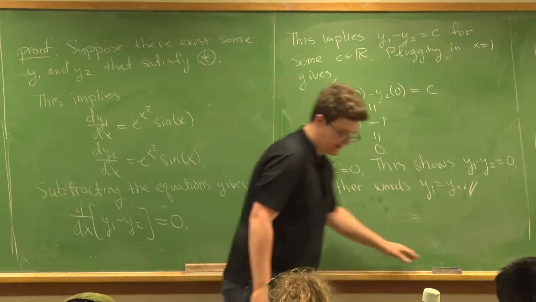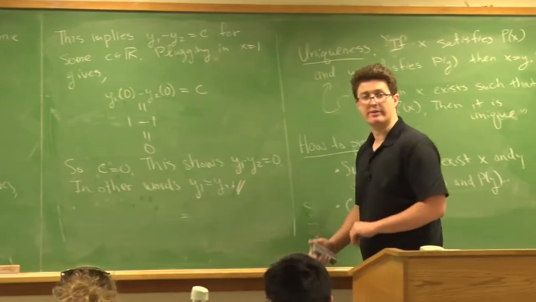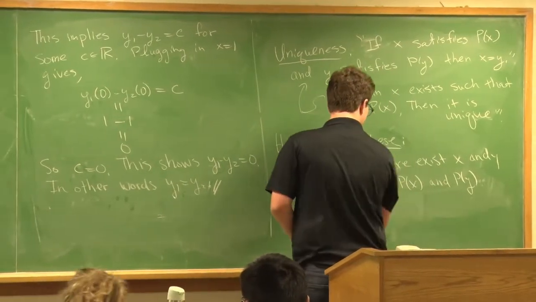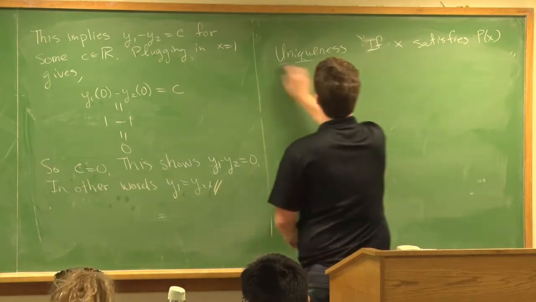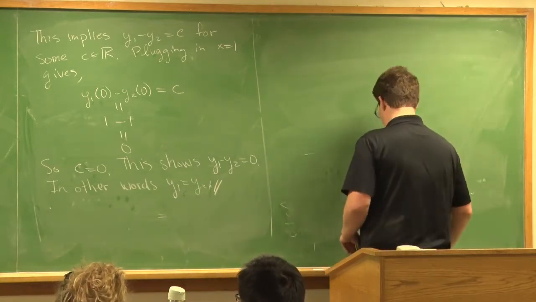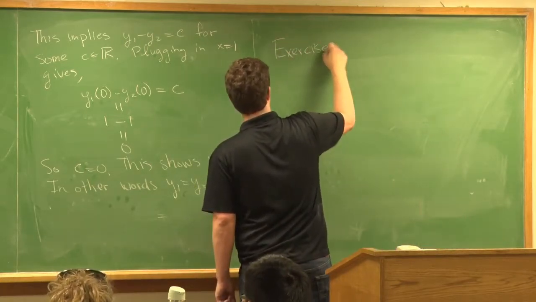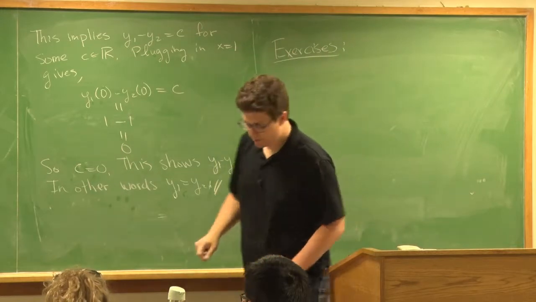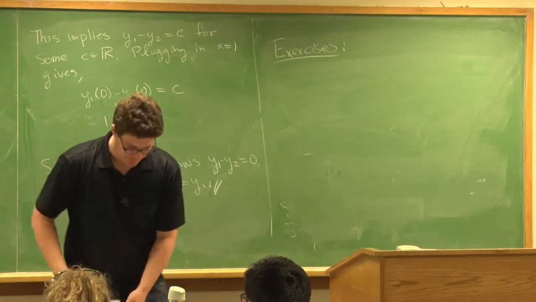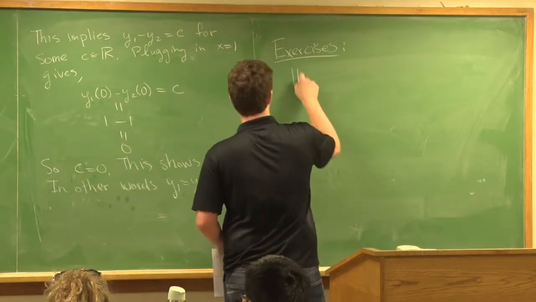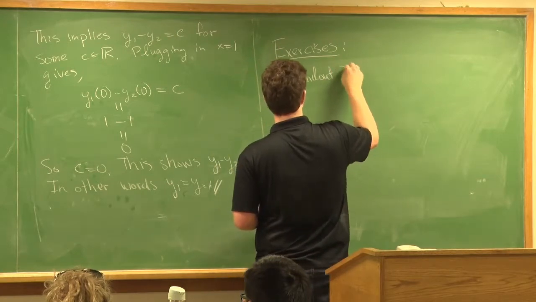Okay. So with the last bit of time, we're going to do some exercises. Okay, and then that'll hopefully clarify some of these things. Okay, so exercises from handout 2.